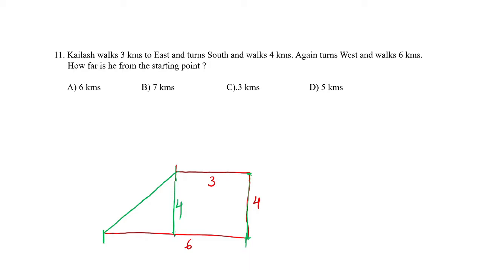But here, from this portion to this portion, how much? 3 kilometers. This is the 3, then the remaining part is 3. We know two sides of this triangle. We have to find out the third side, that is the largest side, the hypotenuse. If you know Pythagoras triplets, then directly we can answer 3, 4, 5. 5 kilometers is the answer, option D.